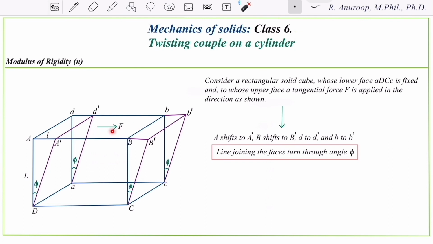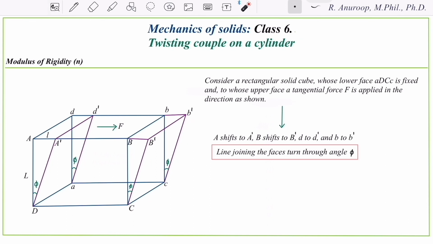Because of this tangential force applied on the upper face, the point A shifts to A dash, B shifts to B dash, and small d shifts to D dash. So the shape of the cube is changed as shown in the picture.